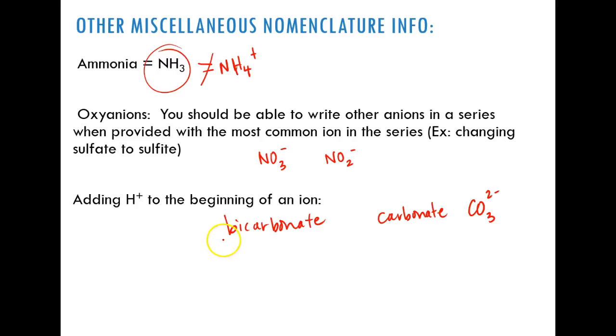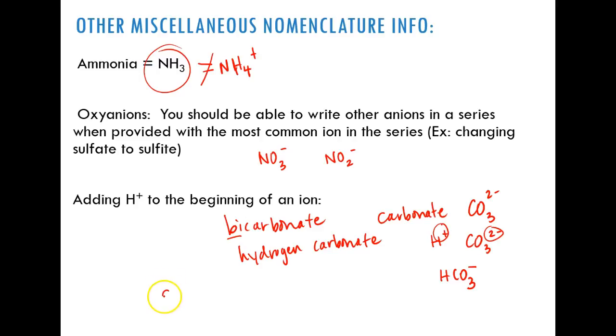If we have bicarbonate, or sometimes it's called hydrogen carbonate, imagine taking an H+ and putting that together with the original carbonate ion. We would then have HCO3, and if you add +1 and -2, you should get a -1 charge. So HCO3- would be bicarbonate or hydrogen carbonate.